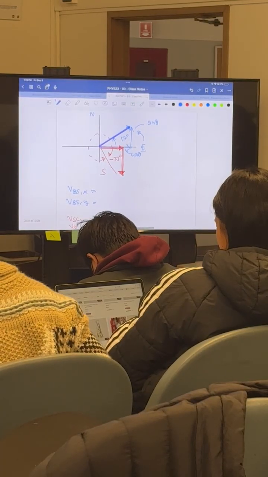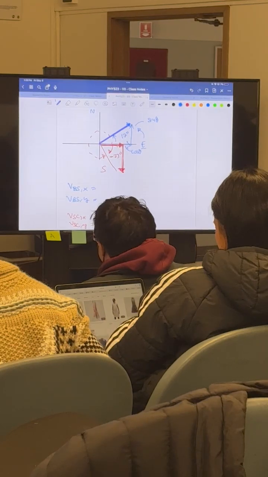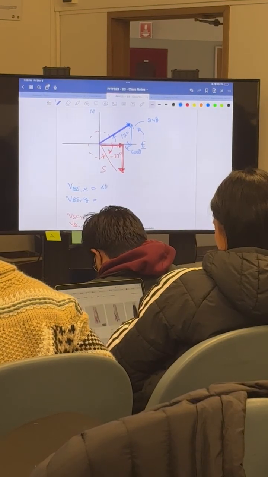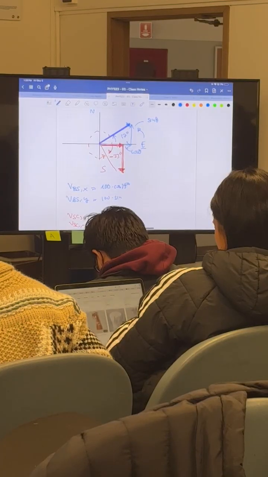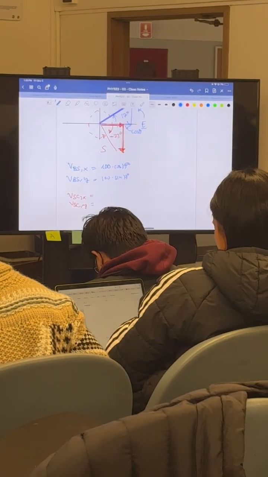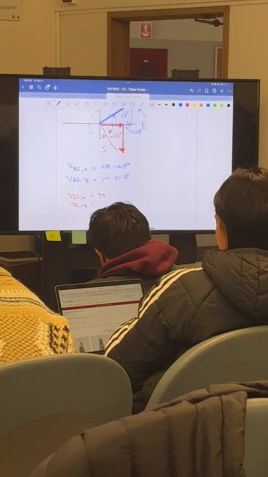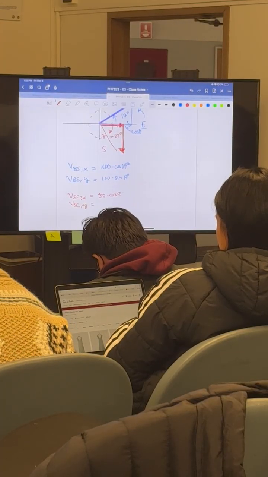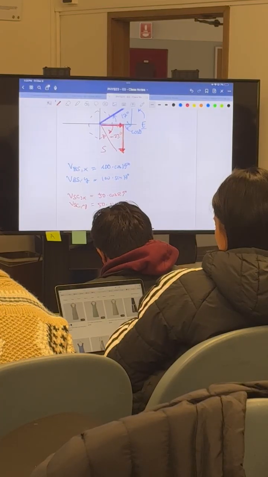The boat is, I don't remember, 100 in a direction of 17, so it's 100 cos 17, 100 sine 17, and the current is 50 cos 23, 50 sine 23. Alright.